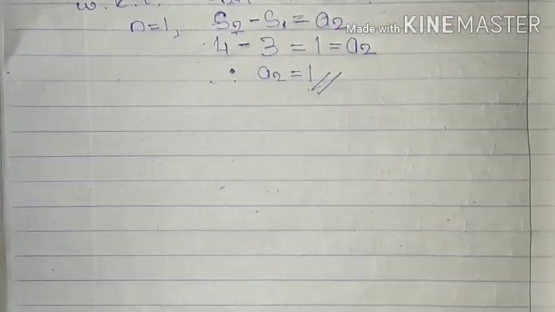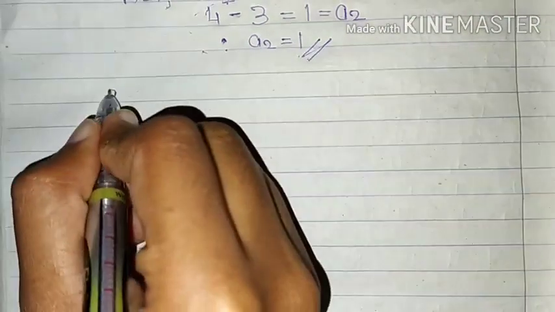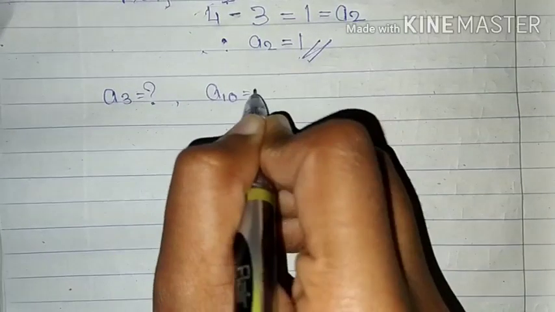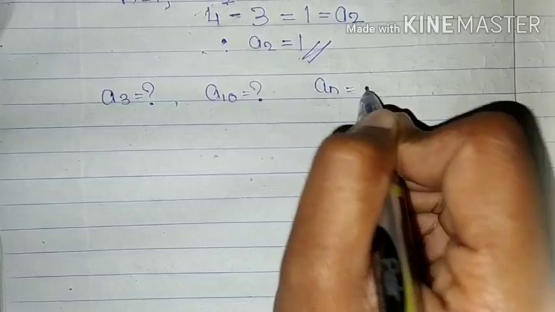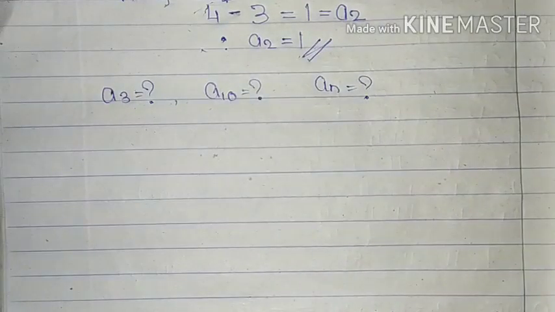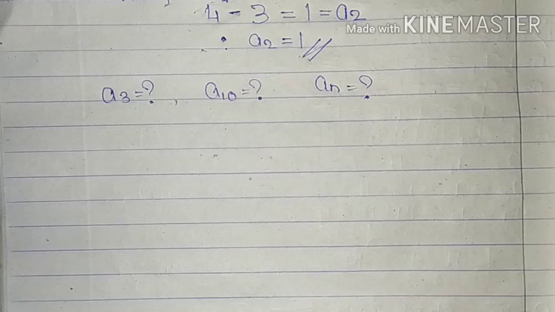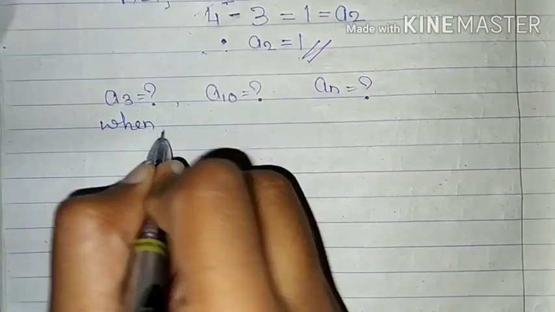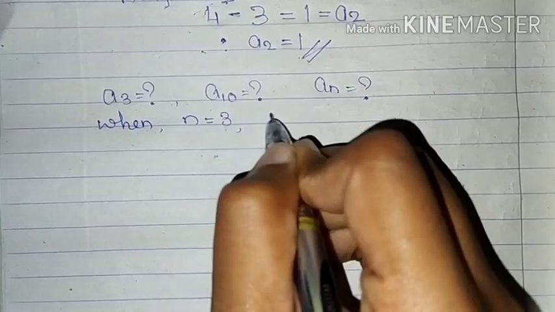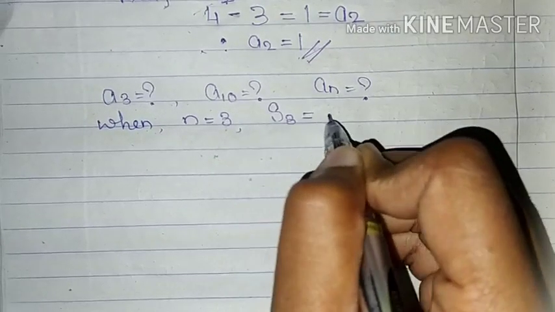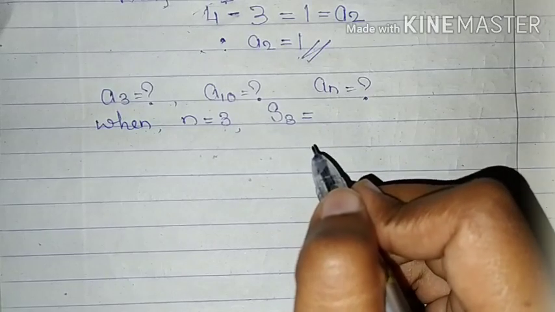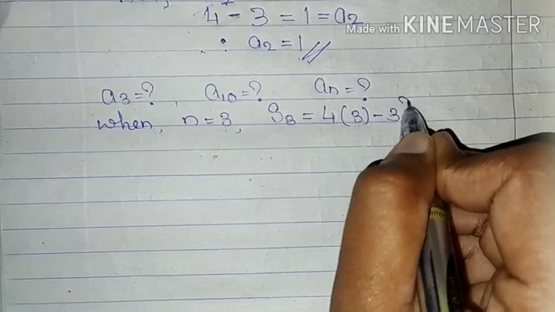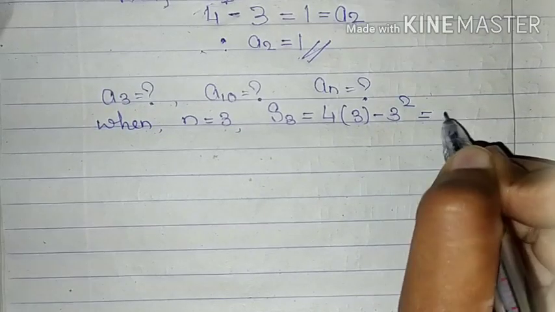The question does not end here. They also want us to find the values of A3, A10 and An. So to find A3, we have the value of S2 now, so we must find the value of S3. When n is equal to 3, our S3 will be, from the given information, Sn is equal to 4n minus n square. So S3 will be 4 into 3 minus 3 square, which is nothing but 3.